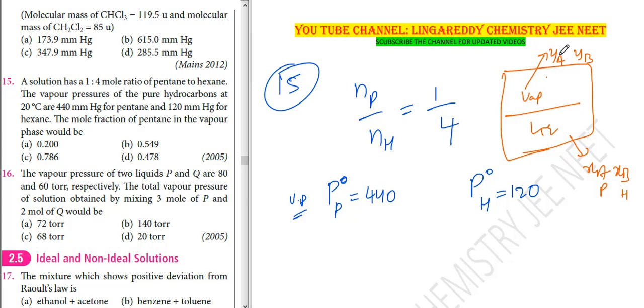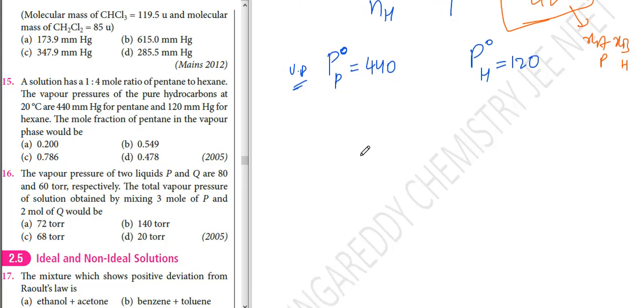Yp means Pp upon P total, the partial pressure of pentane by total pressure. So we have to calculate these two things, the partial pressure of pentane as well as the total pressure.